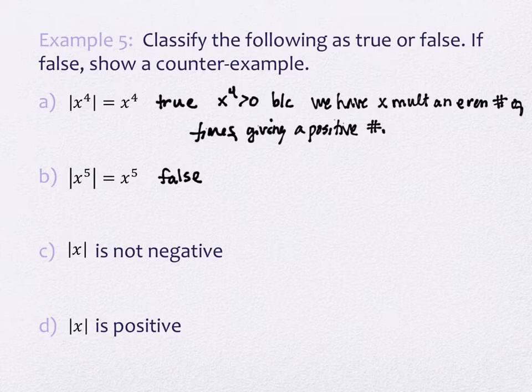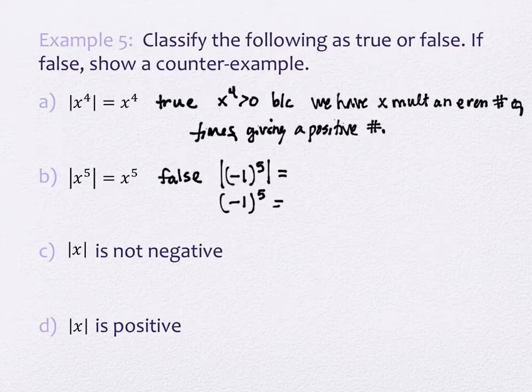So can you give me an example of a number where when I take it to a power of 5, and then I take its absolute value, it's not the same? -1. -1's a fabulous example. So -1 to the fifth, and the absolute value of -1 to the fifth, are what we're comparing, the left side with the right side.